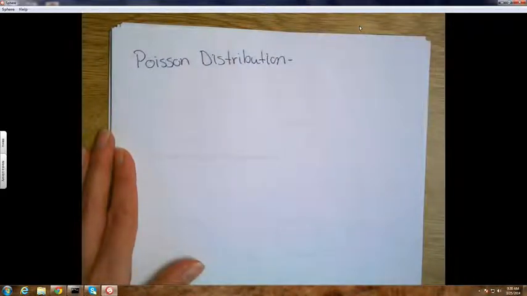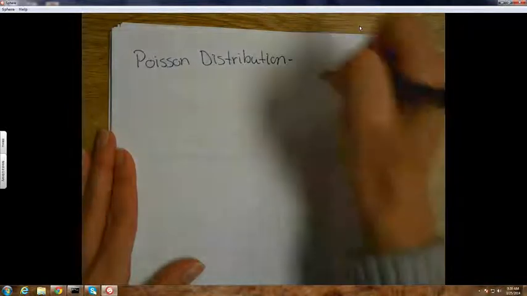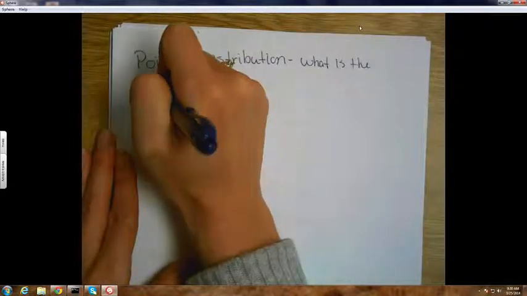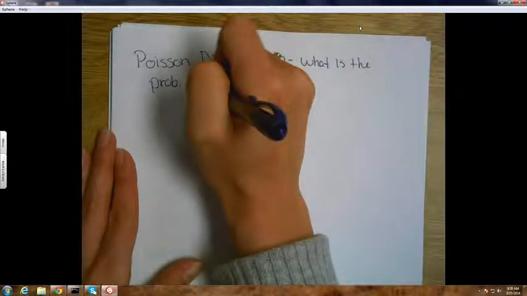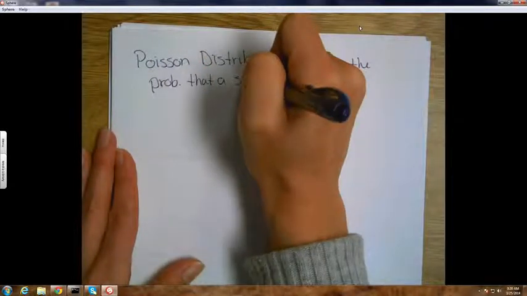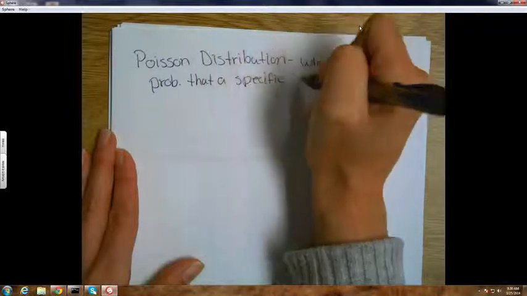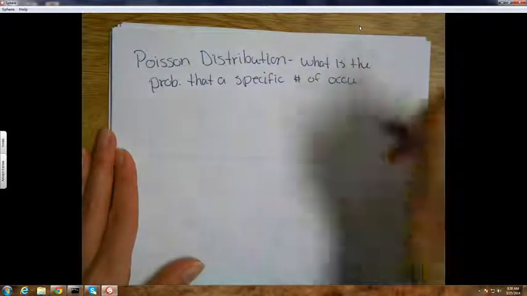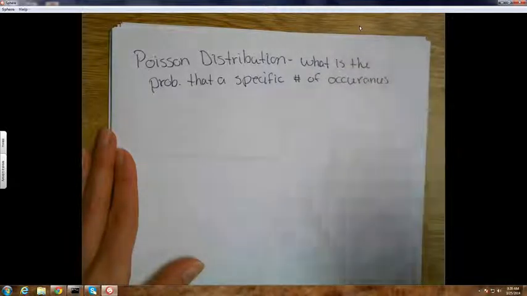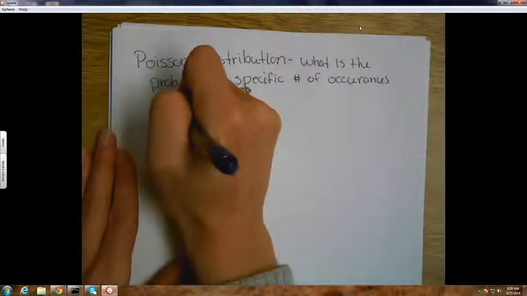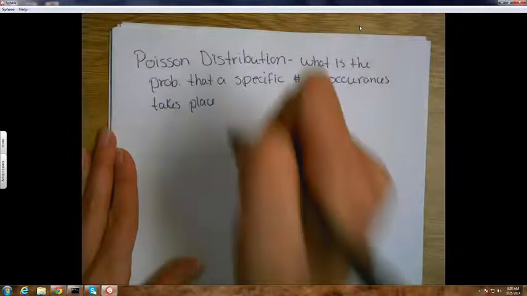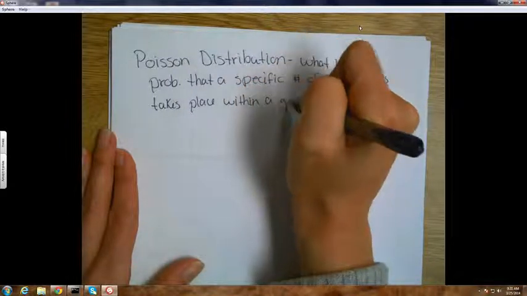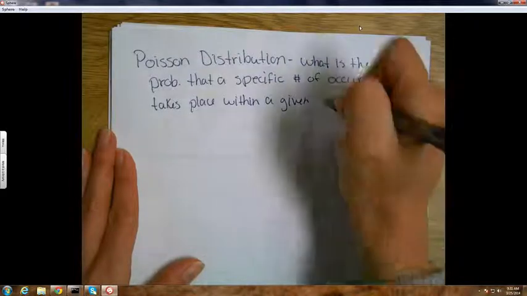A Poisson distribution answers the question, what is the probability that a specific number of occurrences takes place within a given unit of time or space.